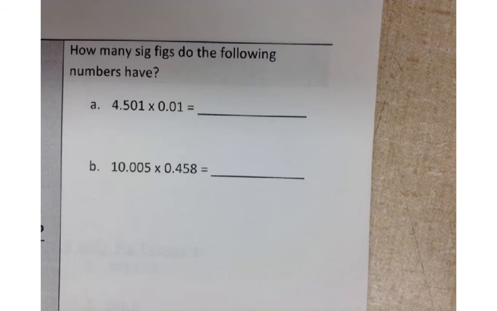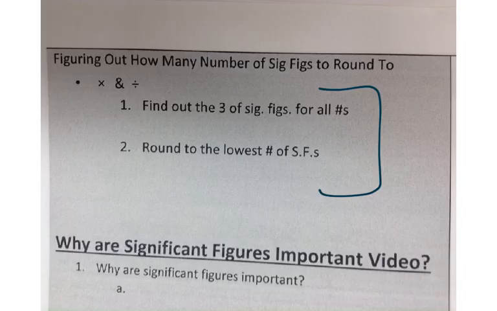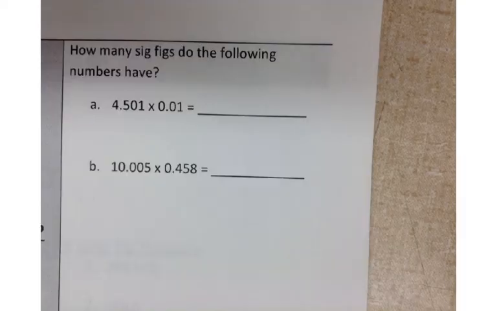So the first thing is that you're going to find out the sig figs for all of them. That should be the number of sig figs for all the numbers. Okay, so the first step is find out the number of sig figs for all the numbers.